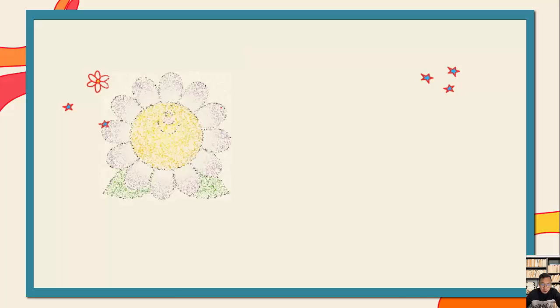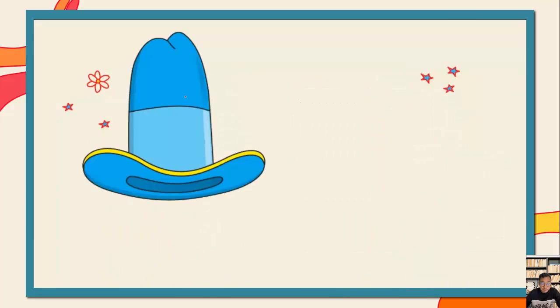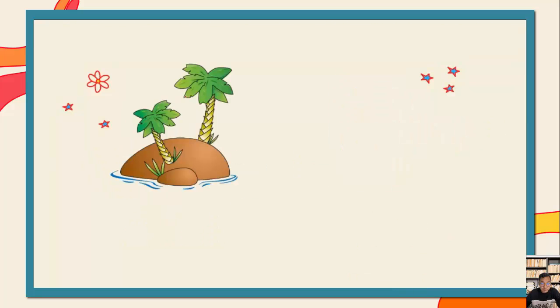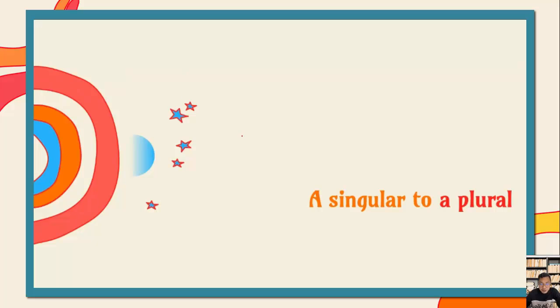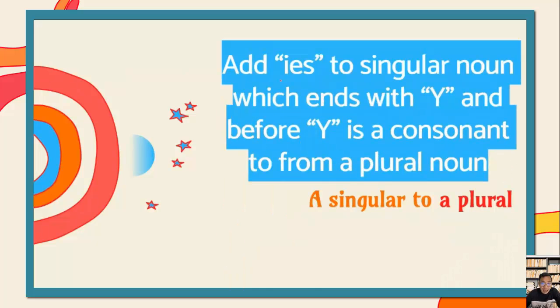All right, this one, number 2. Add ies to a singular noun which ends with y but before the y is a consonant.